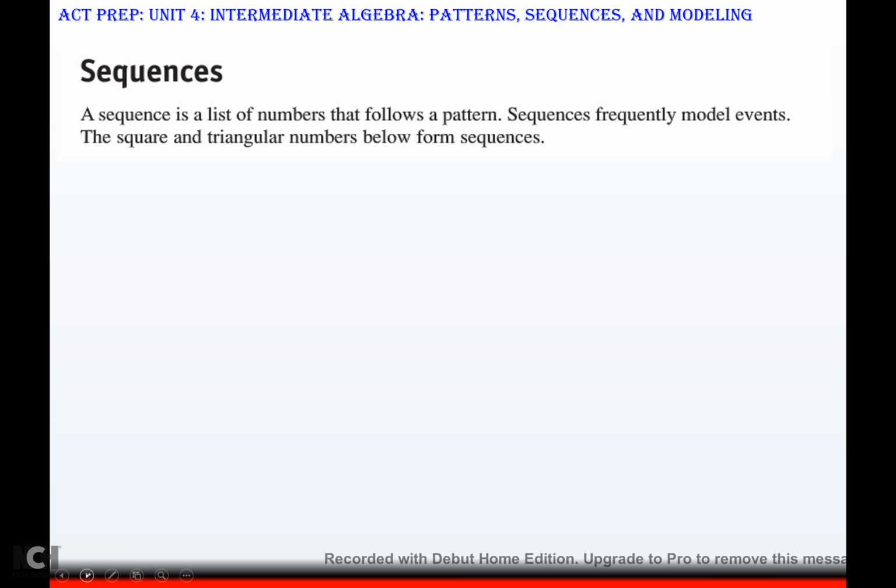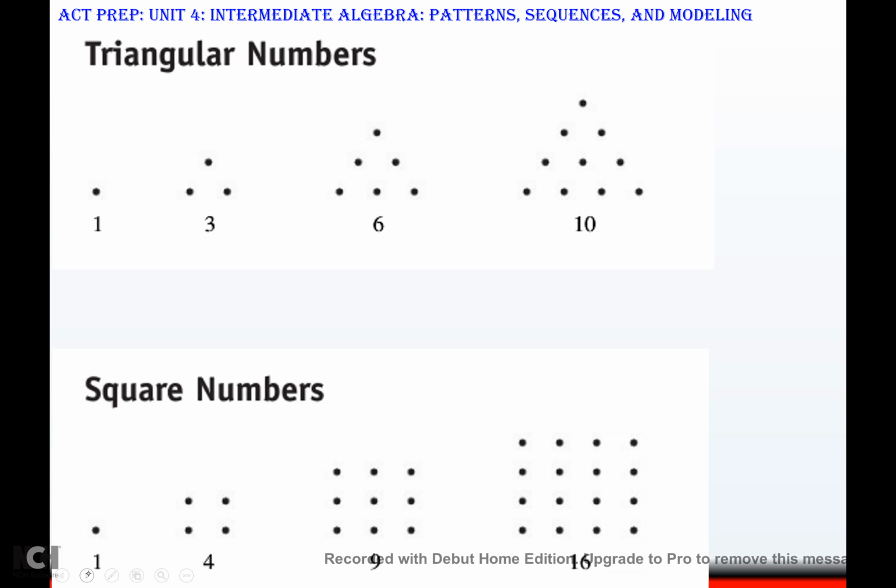Sequence. A sequence is a list of numbers that follows a pattern. Sequences frequently model events. The square and triangular numbers below form sequences. So we have the triangular numbers, 1, 3, then they made a bigger triangle, which is made up of 6 dots. The next triangle is made up of 10 dots, and you can see the pattern.